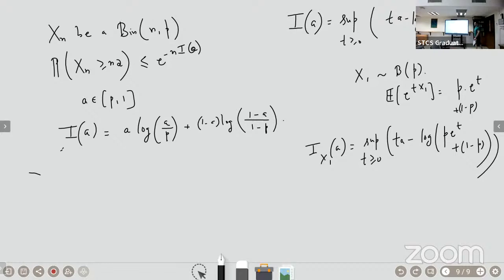Differentiate t a, so we get a minus log 1 by p times p.